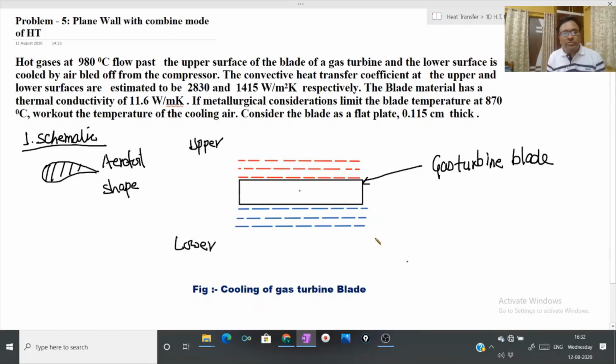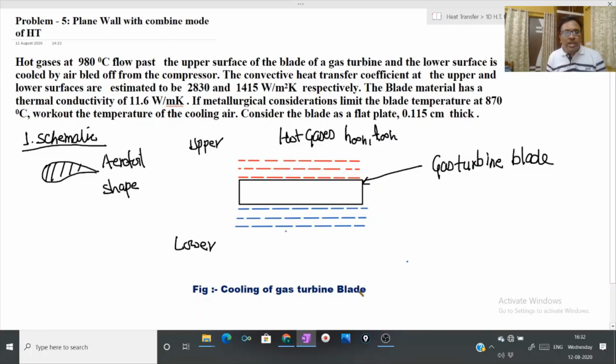The upper surface of this gas turbine blade is exposed to the hot gases, and these hot gases are represented by a hot gas film in red color. Let's say the convective heat transfer coefficient of the hot gases is h infinity H and the temperature is T infinity H.